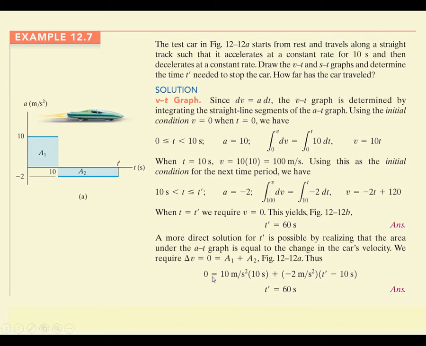So this would be that the area under the a-t curve is equal to the change in the car's velocity. So we require that the change of velocity is 0 for areas A1 and A2. So you have 60 seconds in there. Same way.